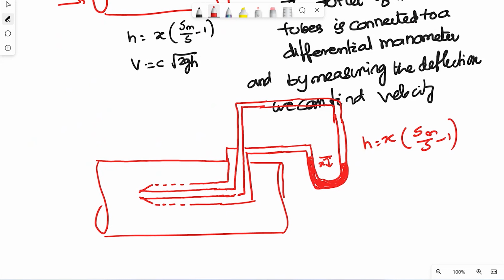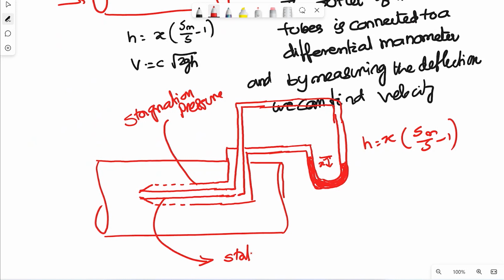The advantage of the pitot static tube is that it just appears as a pitot tube, but there will be two concentric tubes, one inside the other. The outer tube measures actually, we call it the stagnation pressure. It measures the stagnation pressure. The inner tube measures the static pressure.